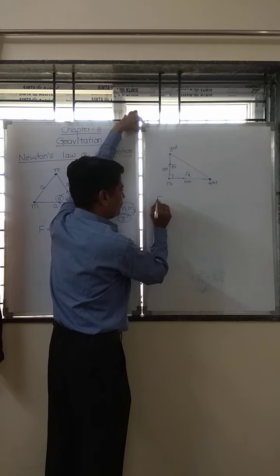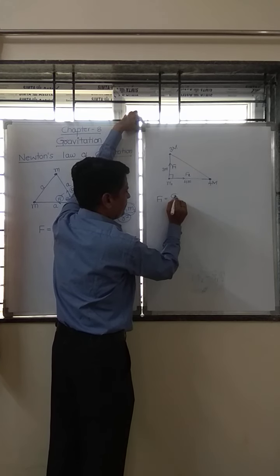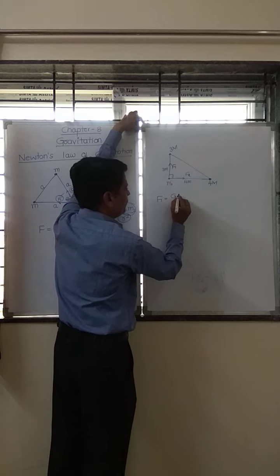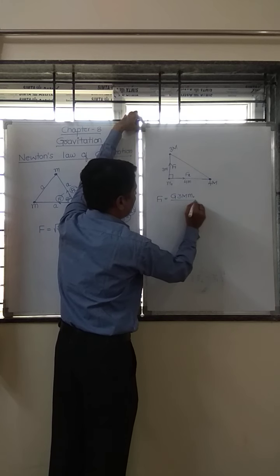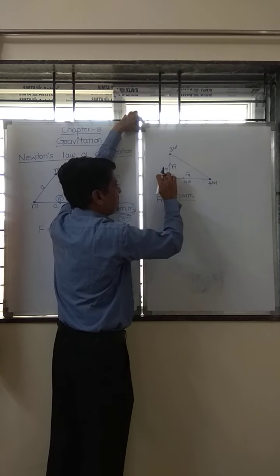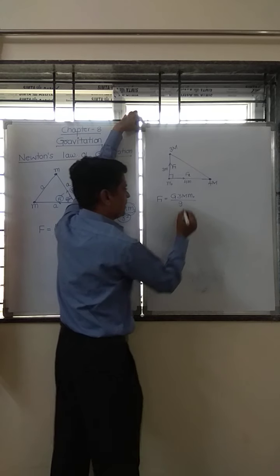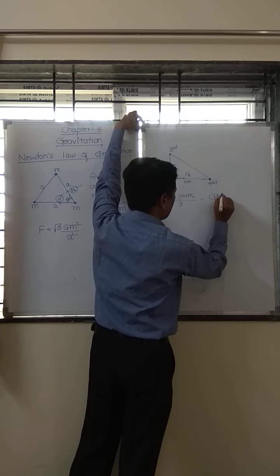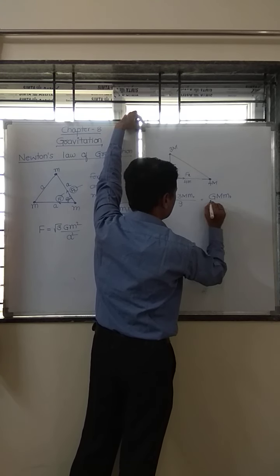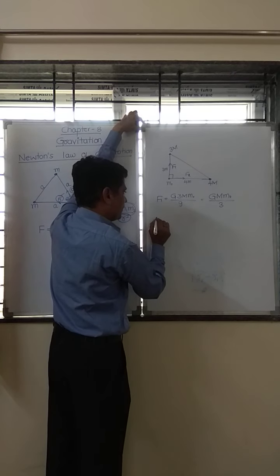Then what is F1? Force between two masses, same. Capital G, m1 into m2, means I can write 3m into m naught, divided by distance square. The distance is 3 meter. 3 meter square means it's 9. So directly I can say capital G, capital M, m naught by 3, because 3 ones are 3, 3 threes are 9.